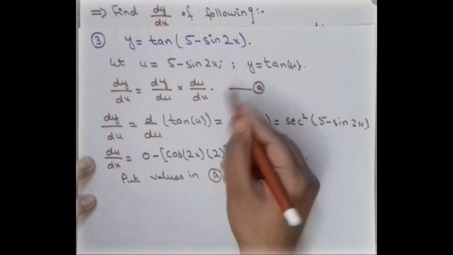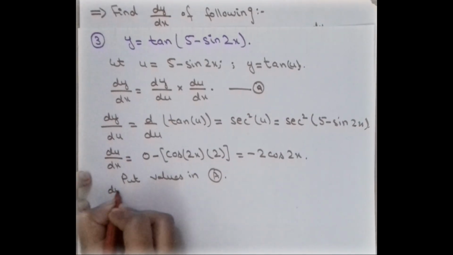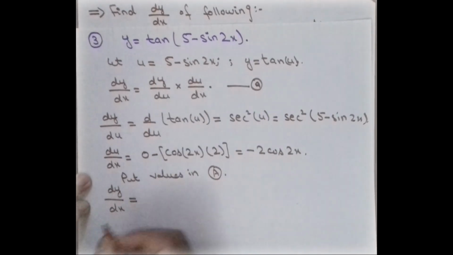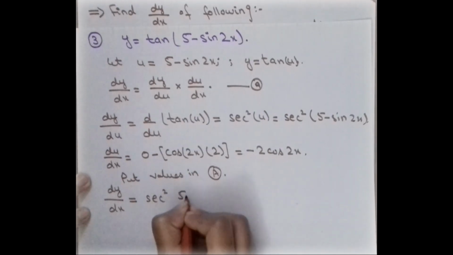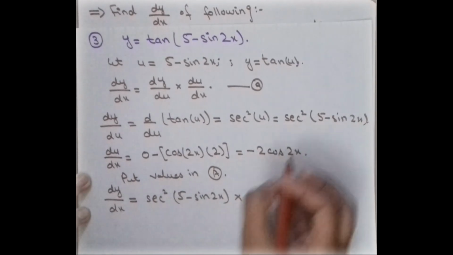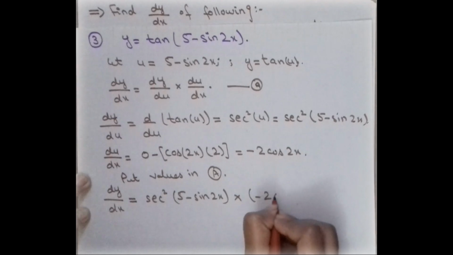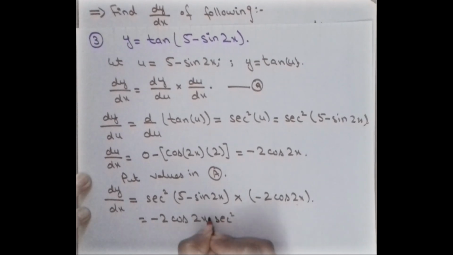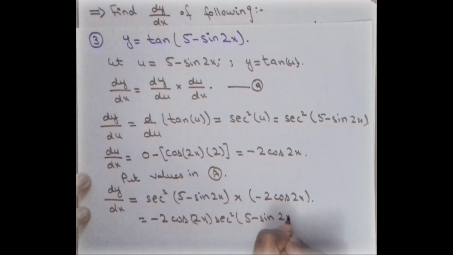Now put the values in equation A. So dy over dx is equal to secant square of 5 minus sine 2x, multiplied by this value, which is minus 2 cos 2x. Simplifying, we have minus 2 cos 2x secant square of 5 minus sine 2x.